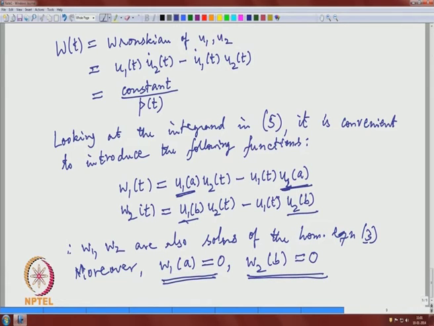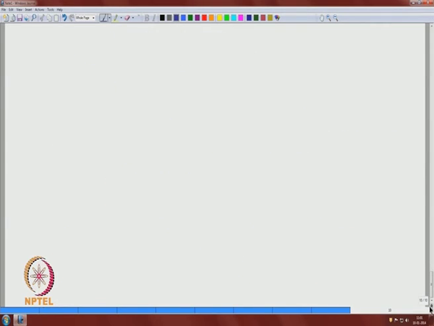Now you just forget whatever calculations we did and start afresh from this w 1 w 2. That was just to get a motivation for how to obtain this w 1 w 2. So now let us start afresh.